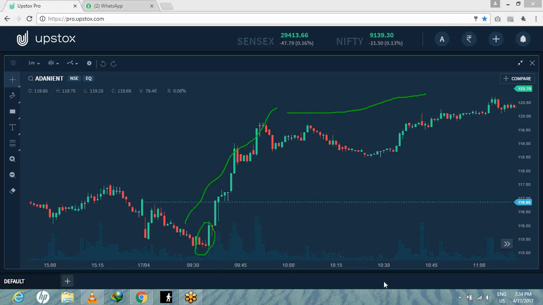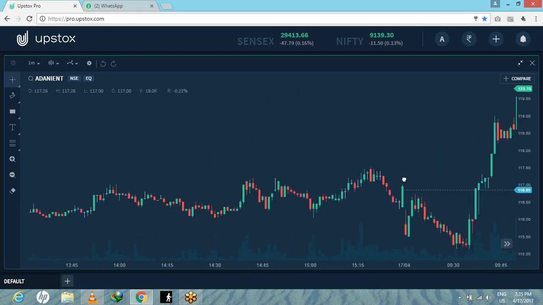See, let me show you the support level. What is the support here? For example, if you consider this as support, let's say 115.12 to 115.25.